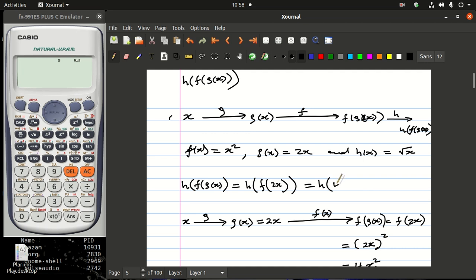So we ended up having 4x squared, and then this whole thing became 2 times the absolute value of x. Even if you decide to stop at 2 times the square root of x squared, it's still fine. There's nothing wrong, because this is the same as the absolute value of x.